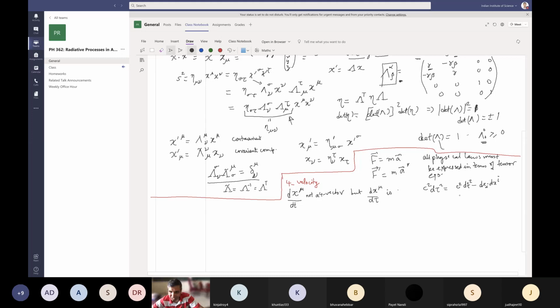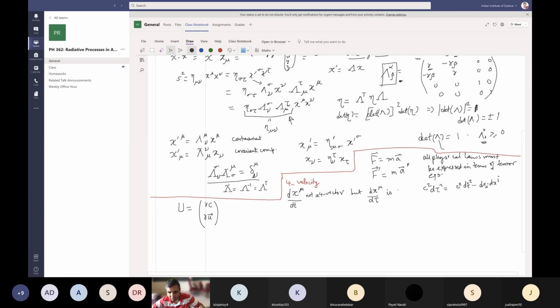So this is Lorentz invariant. So you can define dx^mu/d tau as a 4 vector, and that's called 4 velocity. So 4 velocity is equal to gamma c and gamma u, where u is the velocity of the particle, right?